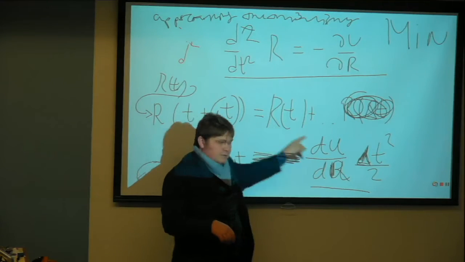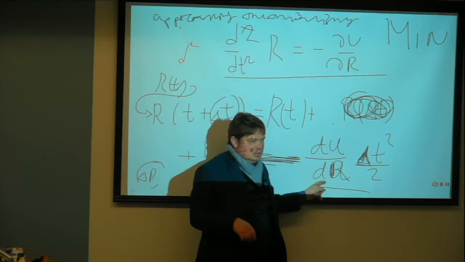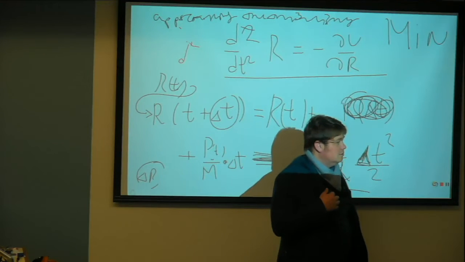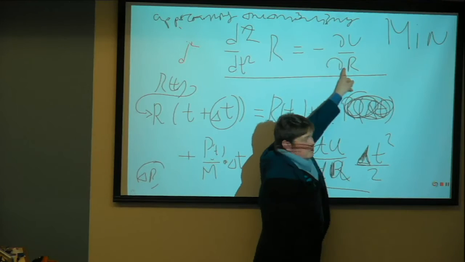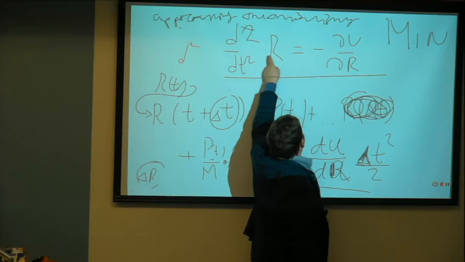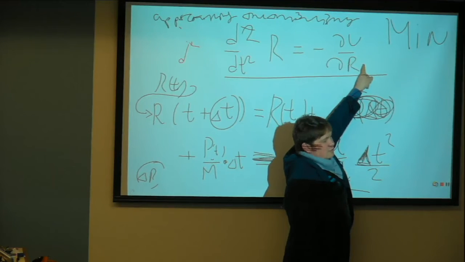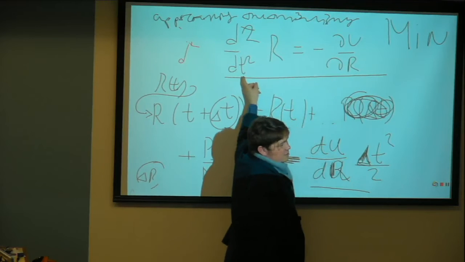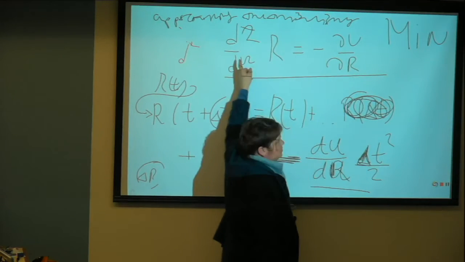And are you comfortable with this stuff? How these equations come about? If you integrate this differential equation once, then it will be the first derivative here and integration over time there. Integrate twice, it will be two integrals here and an addition here.